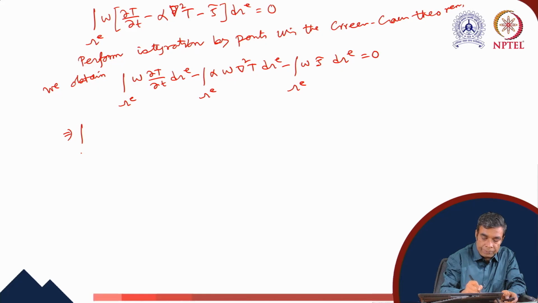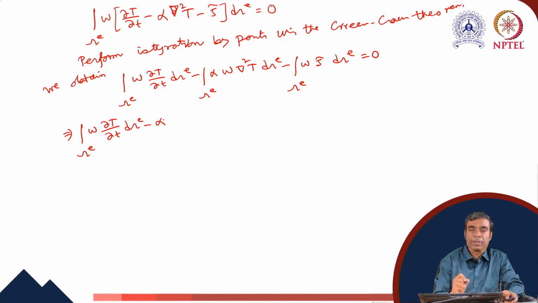This gives us integration over omega e w del T del t d omega e minus alpha. This thermal diffusivity is a constant material property. We can make this assumption.